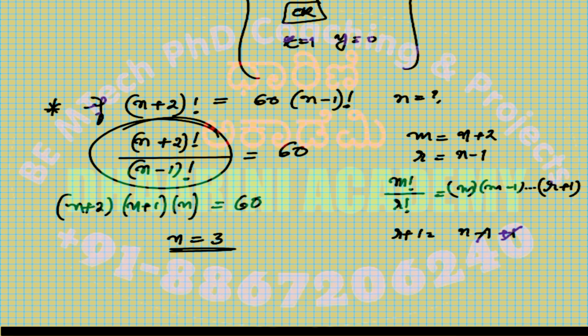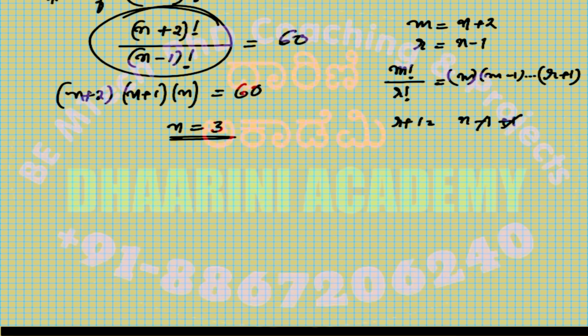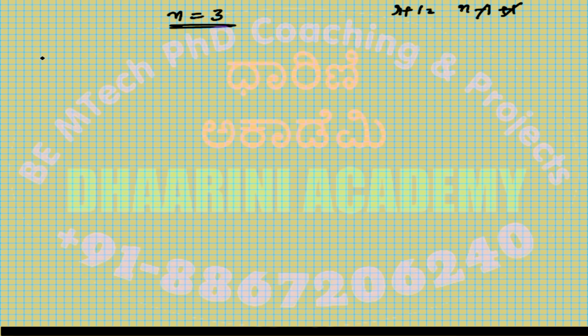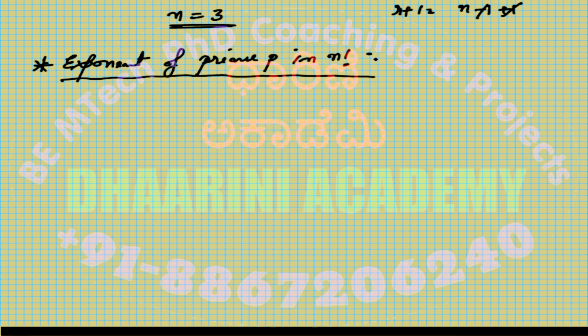All right, let's proceed further. The next topic is called the exponent of any prime number, denoted by p, in any n factorial. Let's try to define what we are trying to identify.